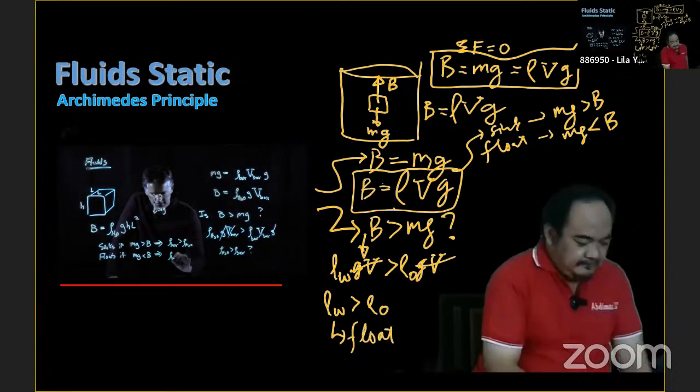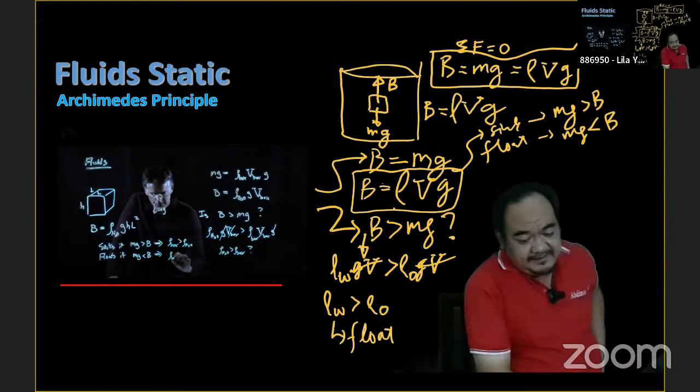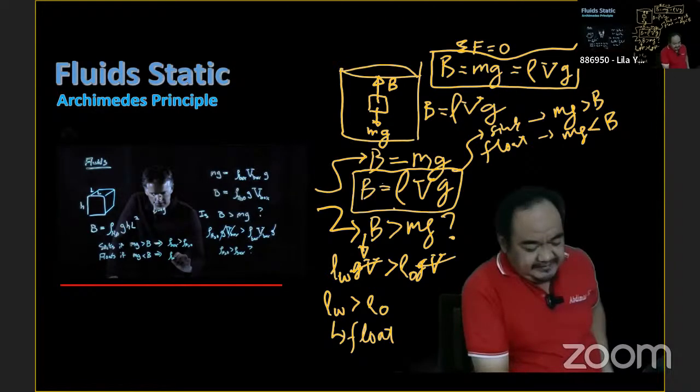And vice versa. If the rho of water is less than the rho of the object, the object will sink. Okay.